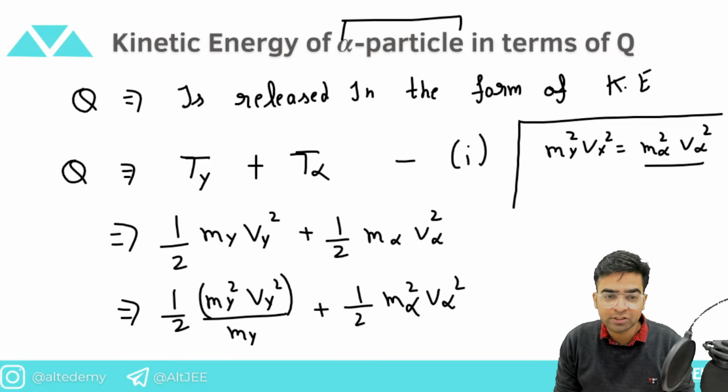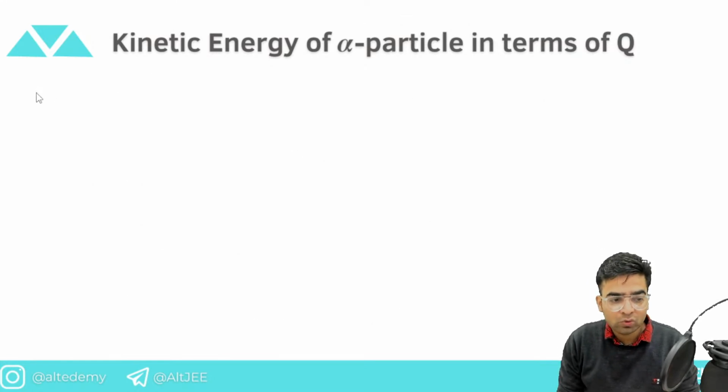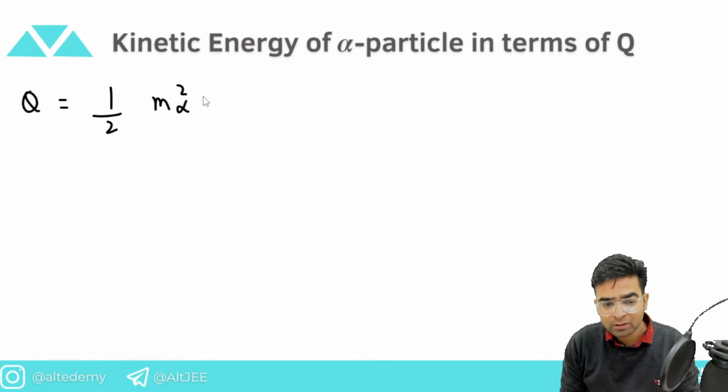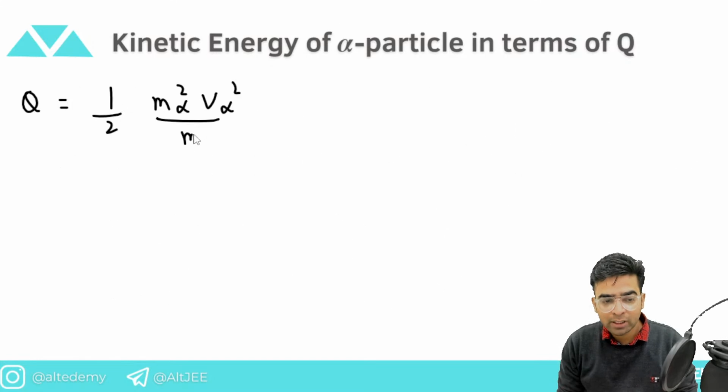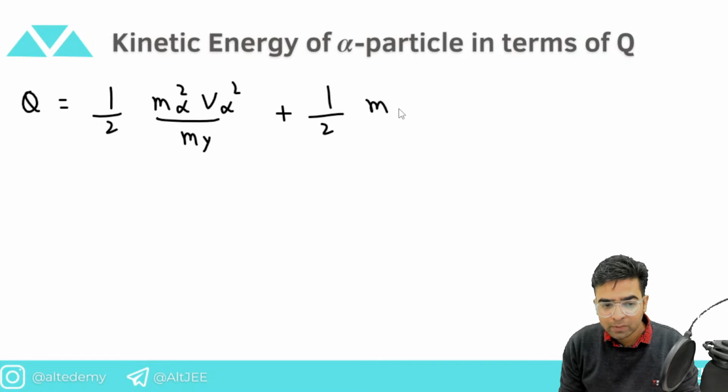So half m_alpha square v_alpha square upon m_y plus half m_alpha v_alpha square.